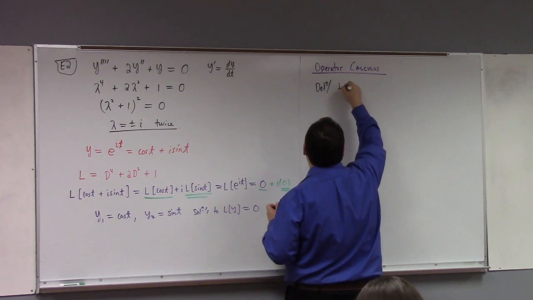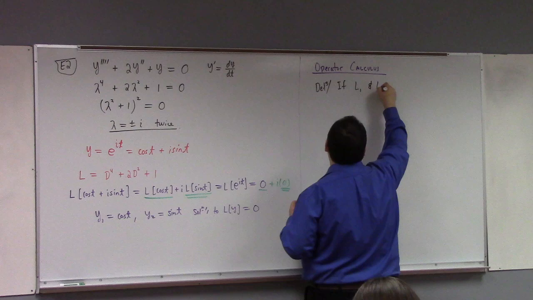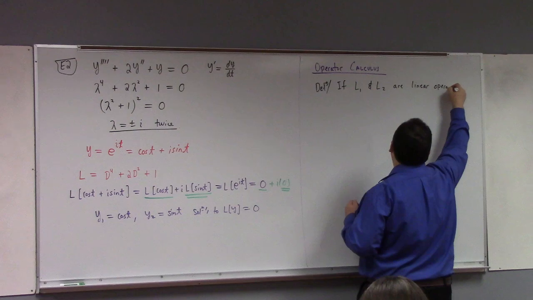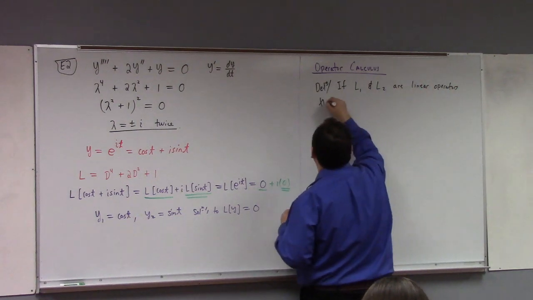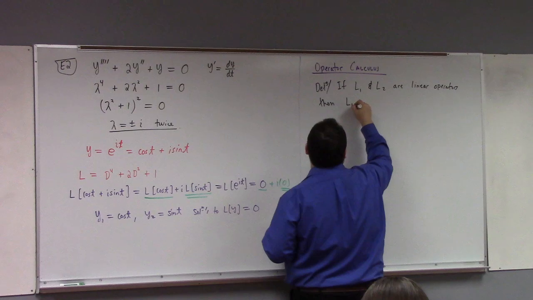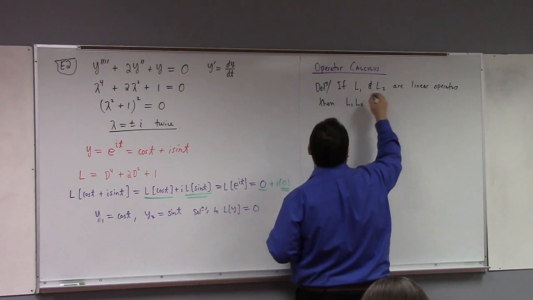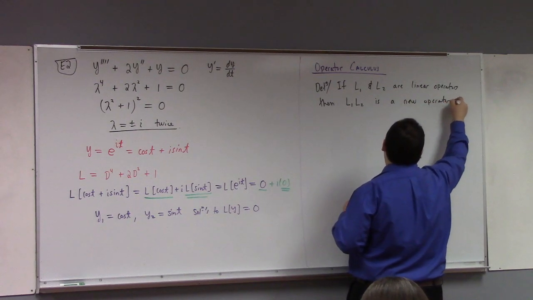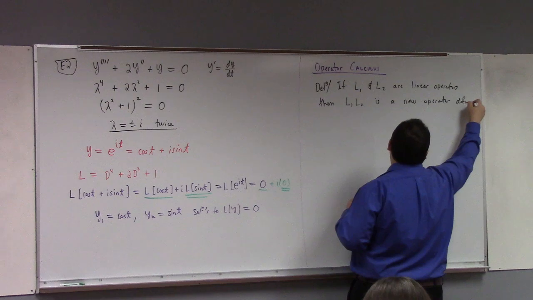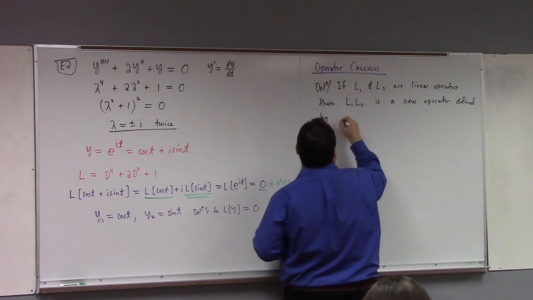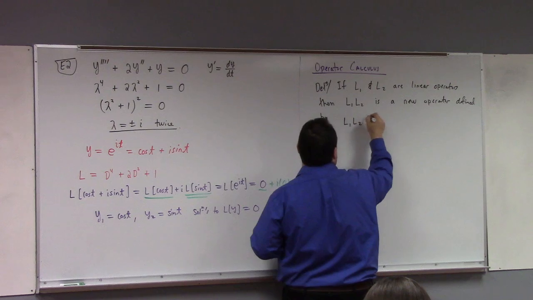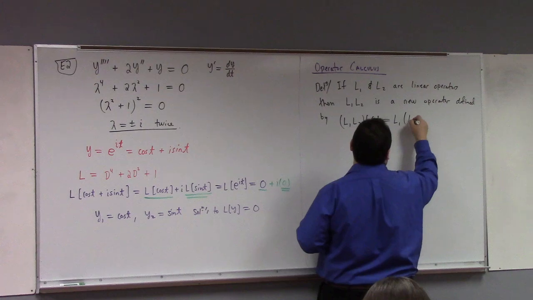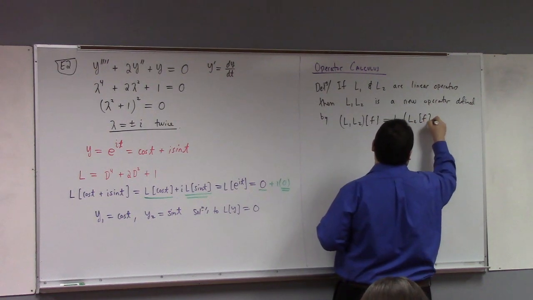If L1 and L2 are linear operators, then we define L1 L2 as a new operator defined by L1 L2 acting on f is L1 of L2 acting on f.